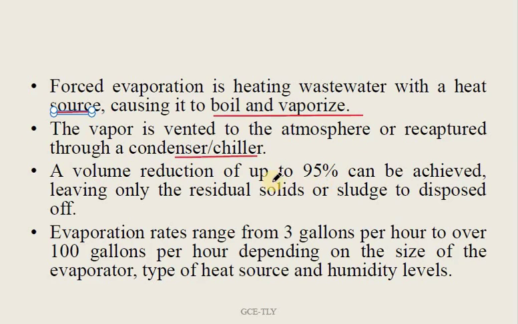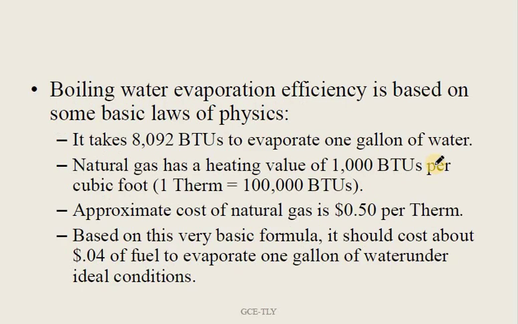The volume reduction here is up to 95%, and only residual salts are left behind, and this sludge can be disposed of. Evaporation rates range from 3 gallons per hour to over 100 gallons per hour, depending on the size of the evaporator, the type of heat source, and the humidity of the environment surrounding the boilers.